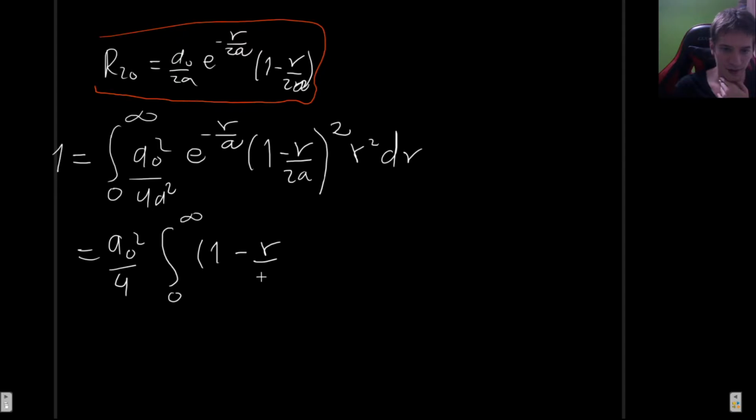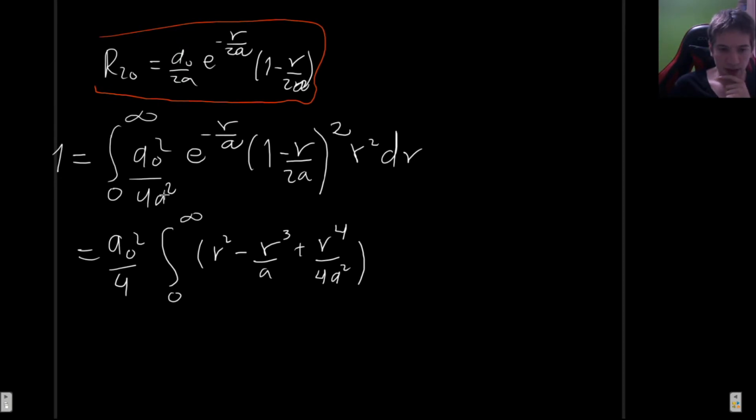Sorry about that. So 1 minus r divided by a, because it's twice this, plus r squared divided by 4a squared. And all of this is multiplied by r squared, so let's actually just change that right away. So instead of 1, we get r squared minus r cubed, and this here is r to the 4th power divided by 4a squared.